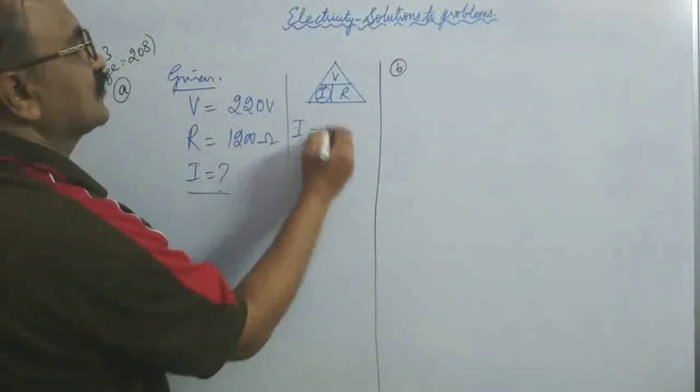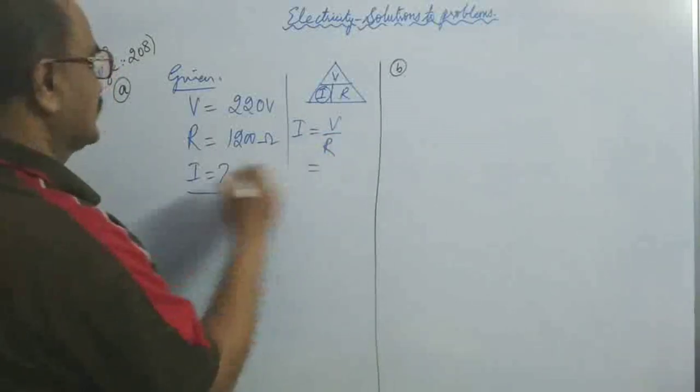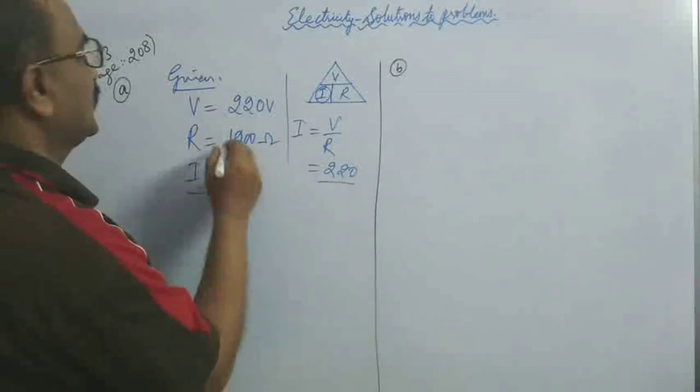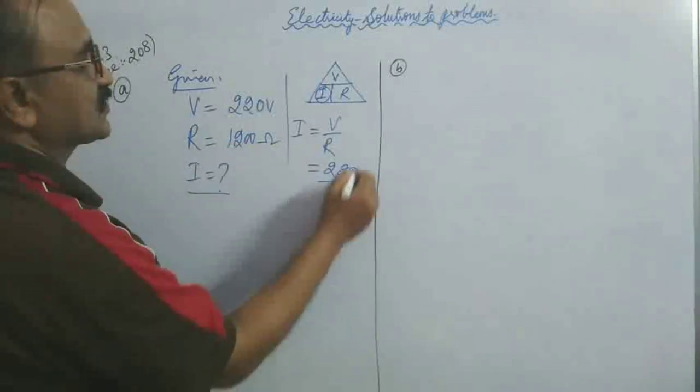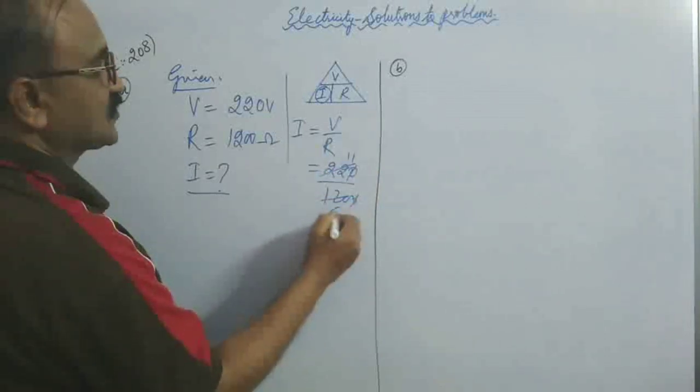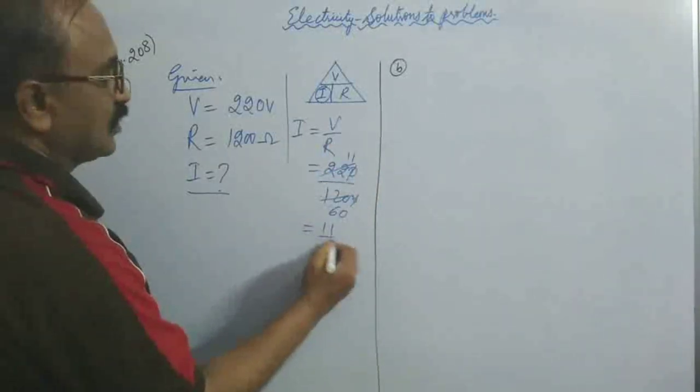So write I equals V by R, that is 220 volts by 1200, which gives 11 by 60.